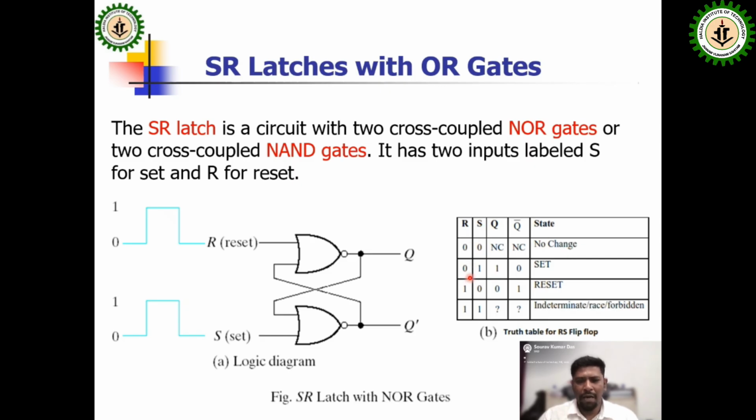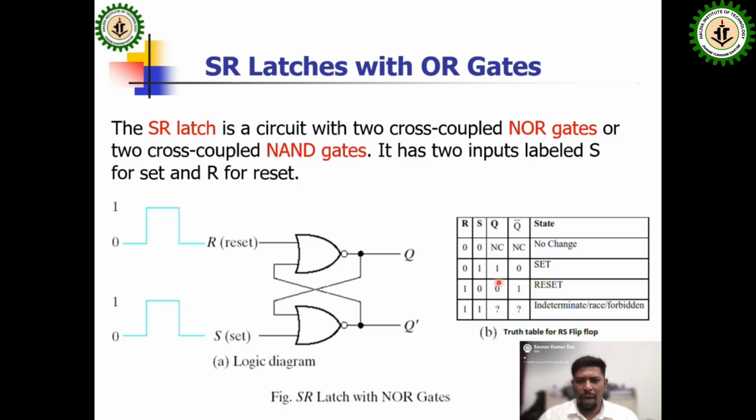Now R is 0 and S is 1. Here some consideration: whether the previous value is 0 or 1, the output will always be 1. So you can say this is the set state.